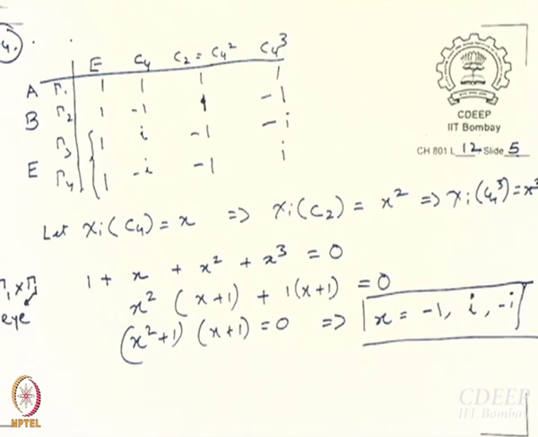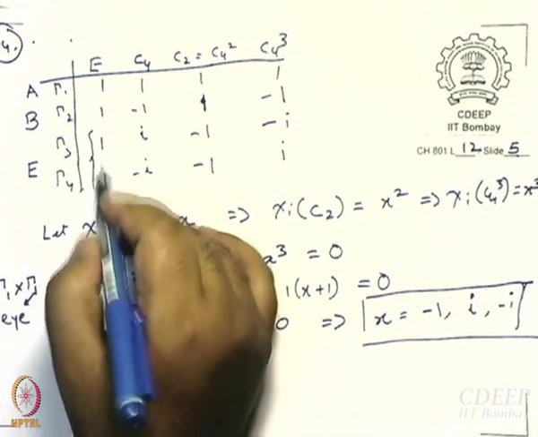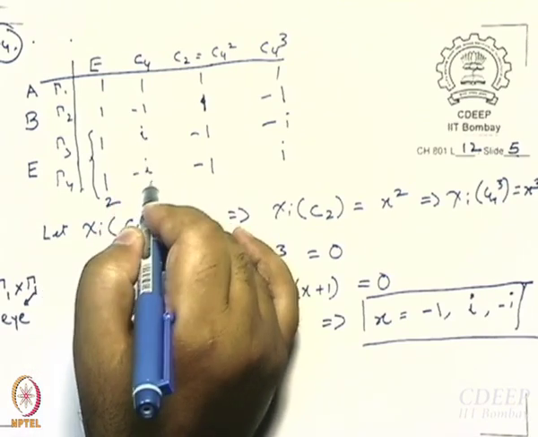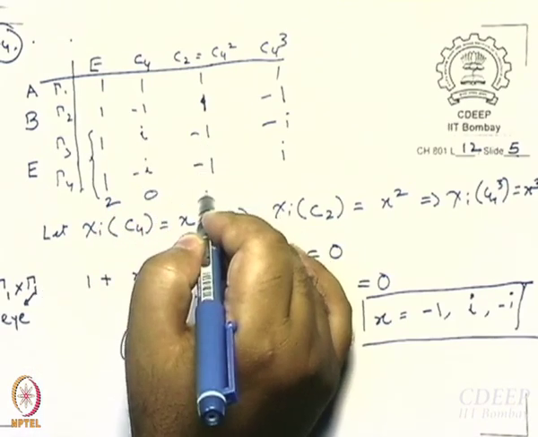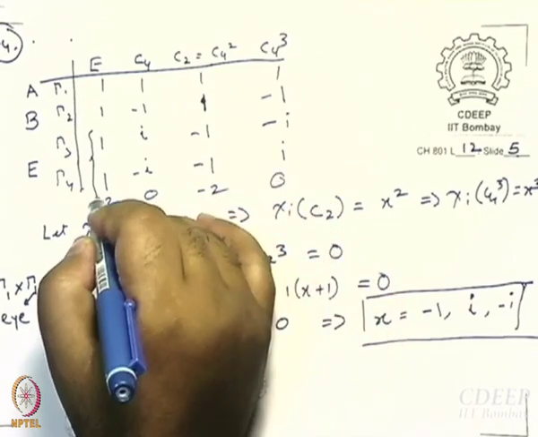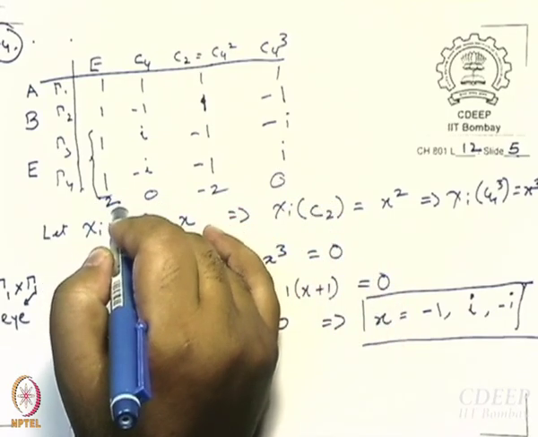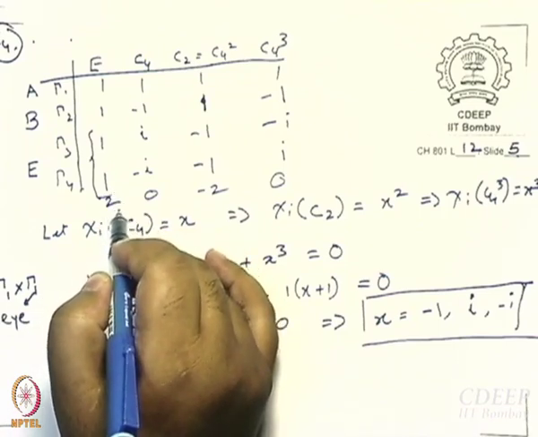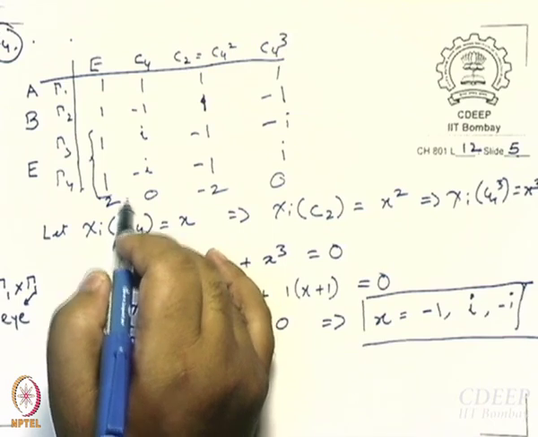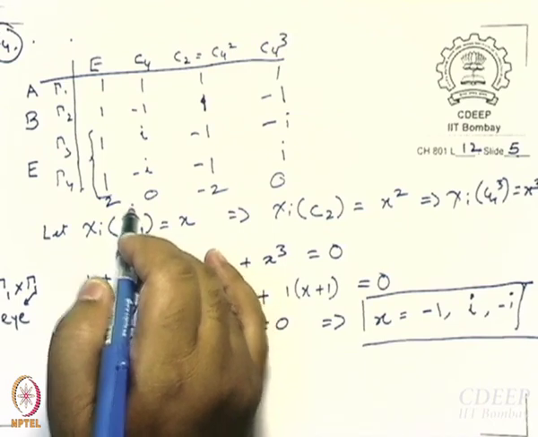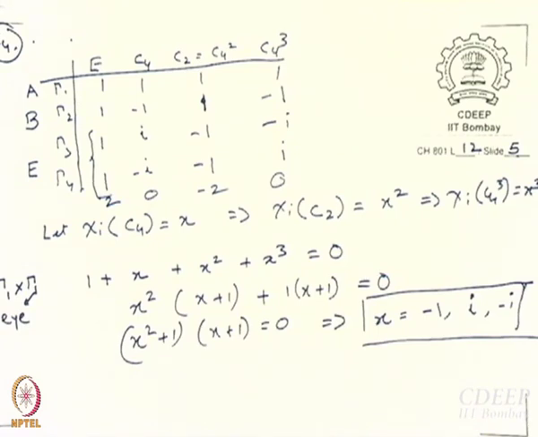In this case, if you add them, what do you get? 1 plus 1, i minus i, minus 1 minus 1, minus i plus i. So, this is written as E and it conforms, right, because the character of identity in E is 2, which would make it a 2-dimensional representation, and we are getting it by adding 2 1-dimensional representations.